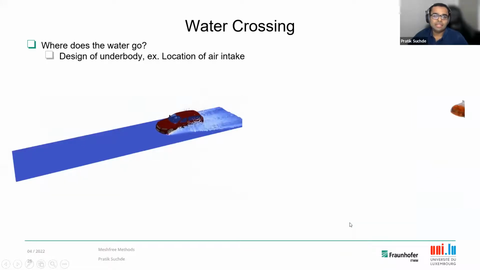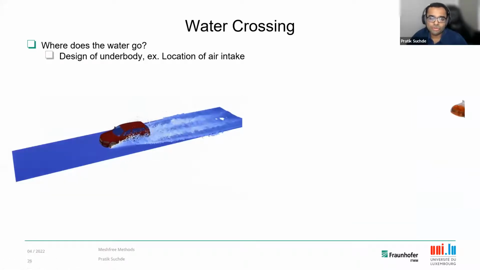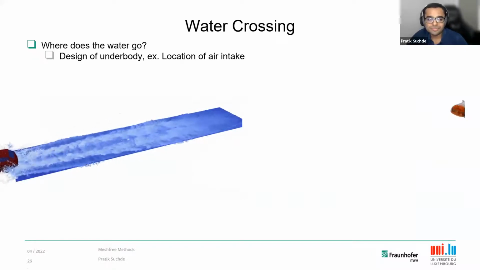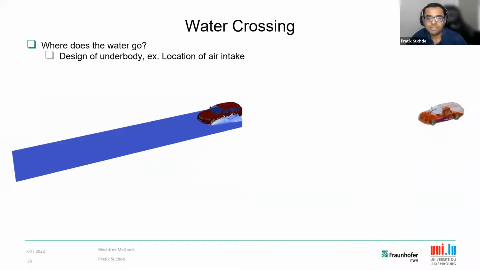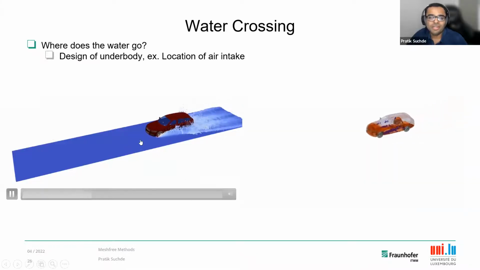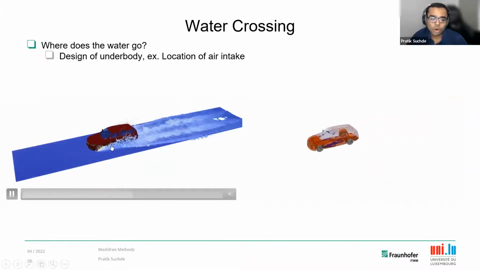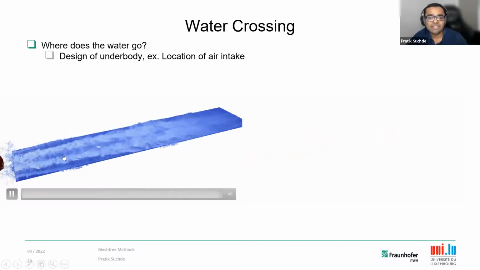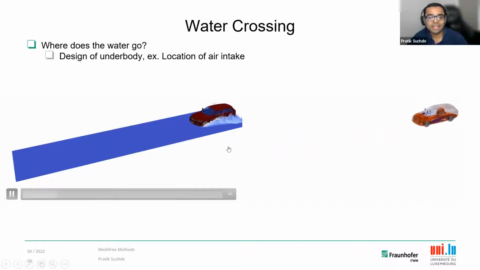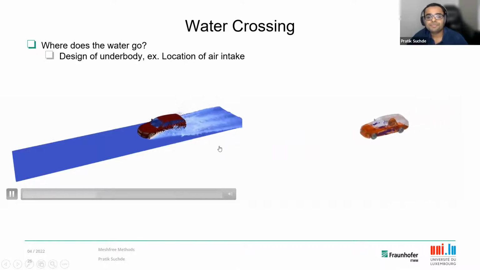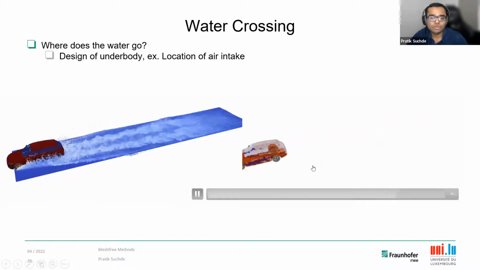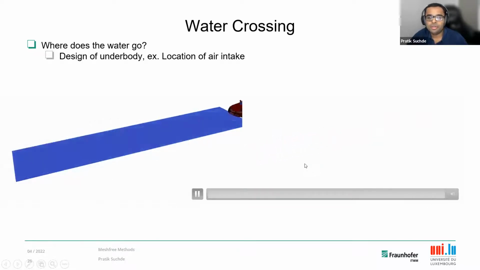Now I go to another application which I talked about right at the start, which is water crossing. So why are we doing these water crossing simulations? We want to check where the water goes below the car. So for example, you have an air intake, and you don't want water to go into an air intake. These simulations today are very important for most automotive manufacturers.